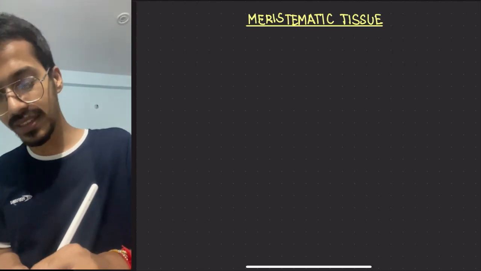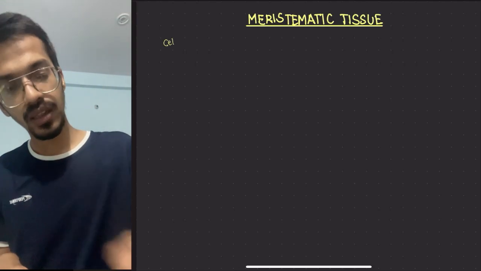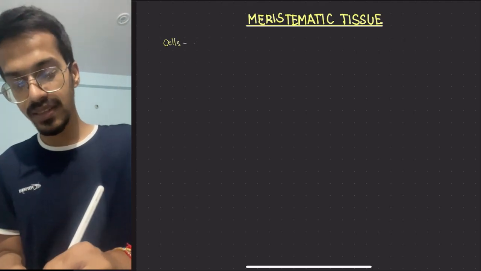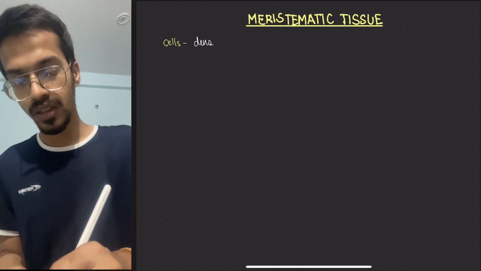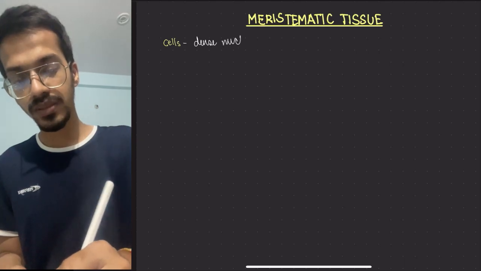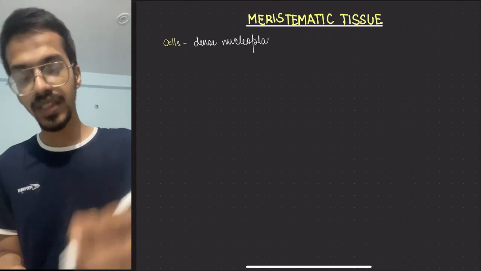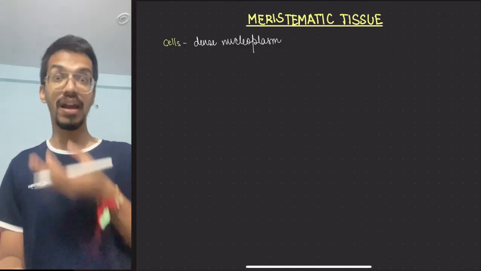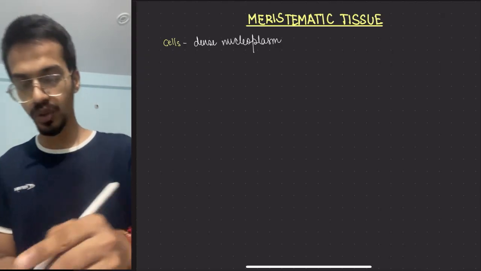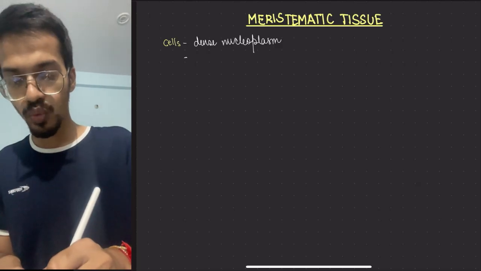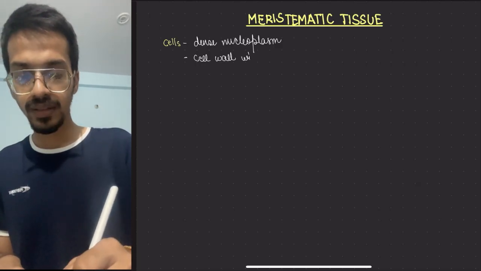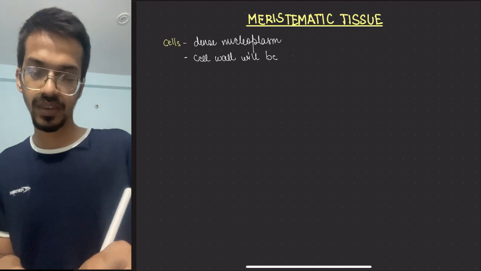So the cells will have dense nucleoplasm, meaning their nuclear content would be densely present for the majority of their time, and the cell wall will be thin.